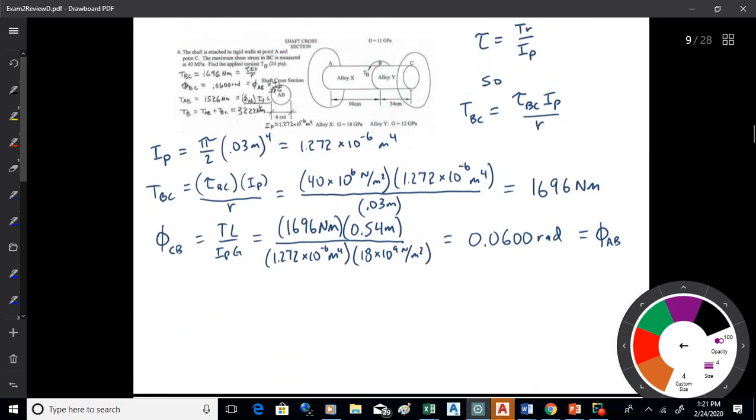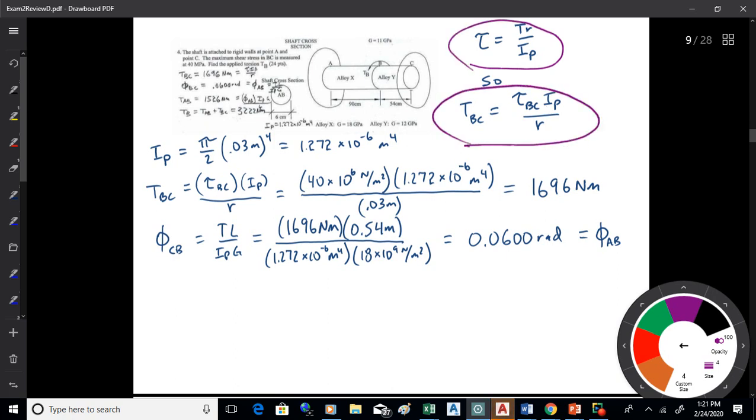So the particulars on that, the actual calculations that you do, is you find the moment of inertia, of course, pi over 2 R4. Once you know that, you can find the torsion in BC. I'm just rearranging this equation and solving it for torsion. It's tau I over R. I've got all that stuff.